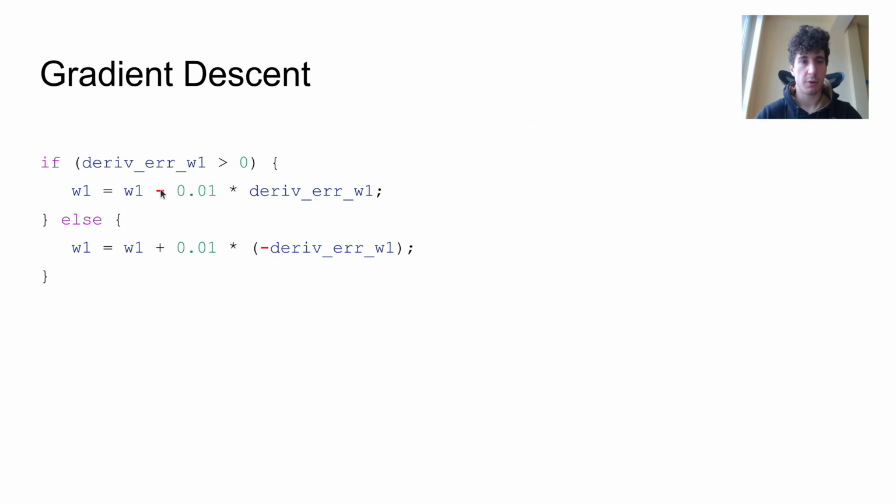And if we see here we have a minus, here we have a minus, which can be moved here. So these two are kind of the same. So we can simplify it into just weight 1 becomes weight 1 minus 0.001 times this derivative.